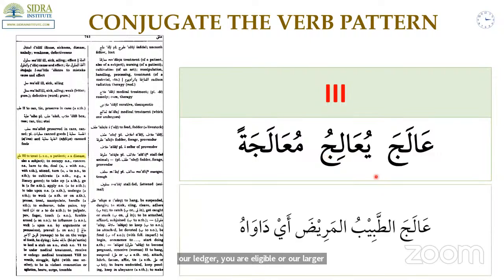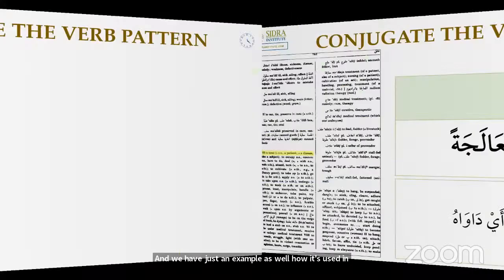And let's look at an example. عالج الطبيب المريض أي داواه, meaning the doctor treated the patient. أي داواه, meaning he dealt with him and treated him. Everyone okay with this one? Okay, so number three, عالج يعالج معالجة, and we have an example of how it's used in a sentence. Let's move on to our next one.